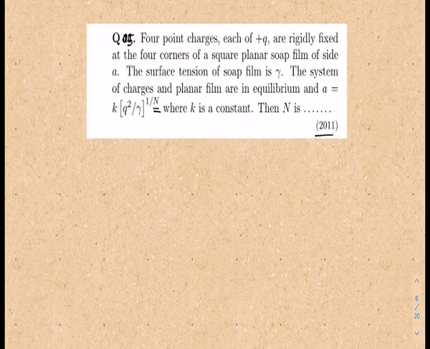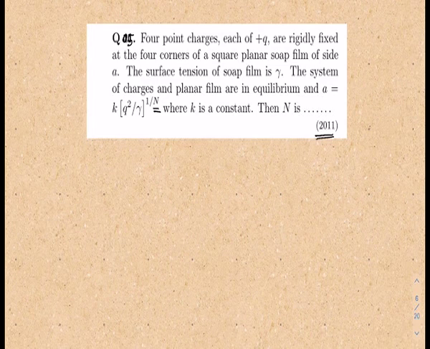This was asked in 2011 JEE Advanced. Four point charges, each of plus q, are rigidly fixed at the four corners of a square planar soap film of side a. The surface tension of the soap film is gamma.